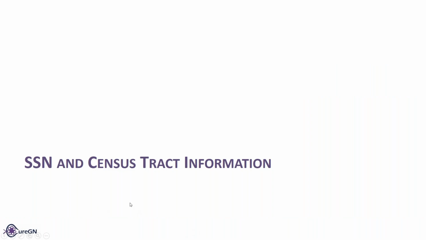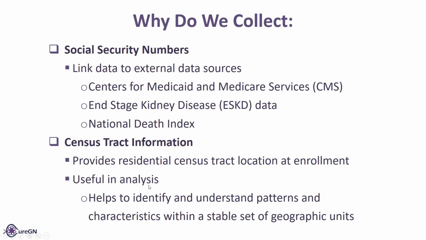So we're going to go on to the Social Security number and census tract information. So why do we collect this information? The Social Security numbers link the data to external data sources, such as the Centers for Medicare and Medicaid Services, the end-stage kidney disease data, as well as the National Death Index.